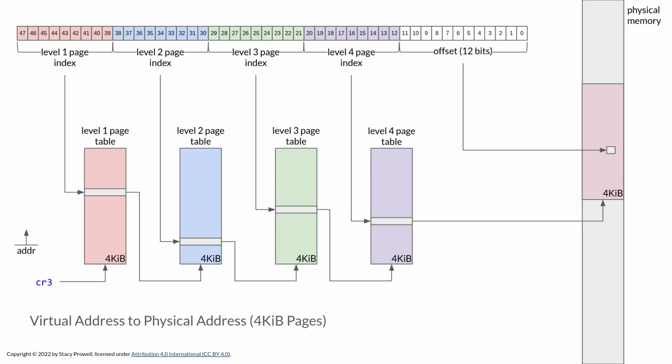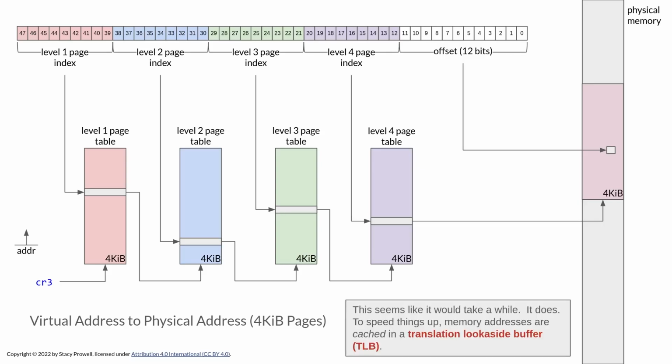Right, if those bottom 12 bits are close to all ones, and I reach out, I'm going to have to do a different level 4 page lookup, or maybe even a different level 3 or level 2 page lookup. It can get complicated. That's why we don't like that. We like things to be aligned in memory, right? If I align my keywords on 8-byte boundaries, that will never happen. So that's what we like.